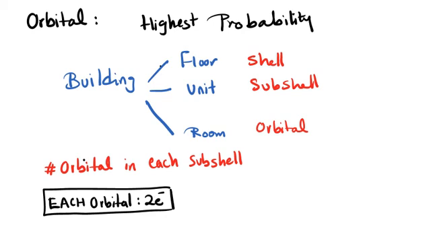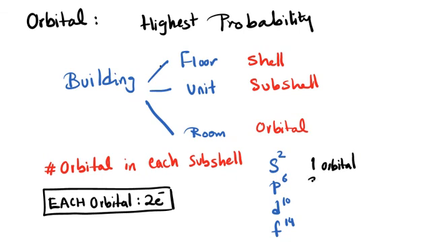So let me work on this part. S, P, D, F: 2 electrons, 6, 10, 14 electrons. Each orbital can hold up to 2 electrons. So S has only one orbital, and we call that S orbital. P can hold up to 6 electrons, and we have 2 electrons for each orbital.